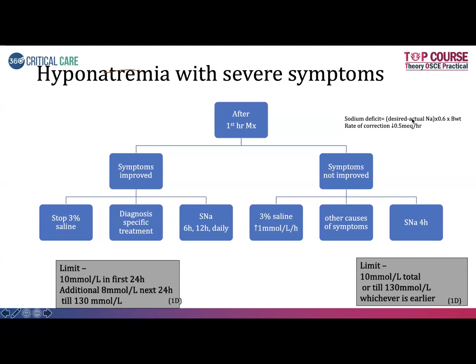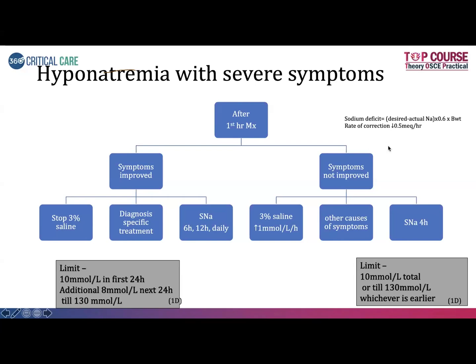So the sodium deficit is the difference between your desired and the actual sodium, and then you multiply it by 0.6 times body weight. 0.6 times body weight will be your total body water. So this will be the total sodium deficit in the body.